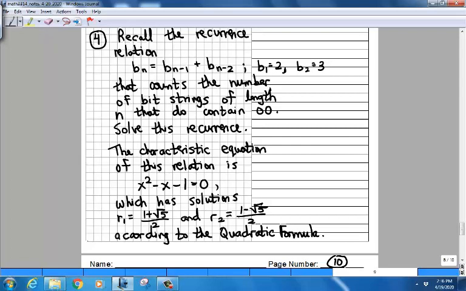When you write down the characteristic equation for this recurrence relation, you get x squared minus x minus 1 equals 0. And that does have solutions. You can find them using the quadratic formula.